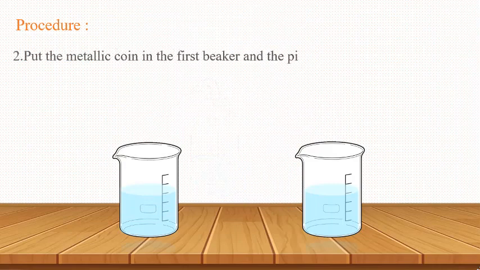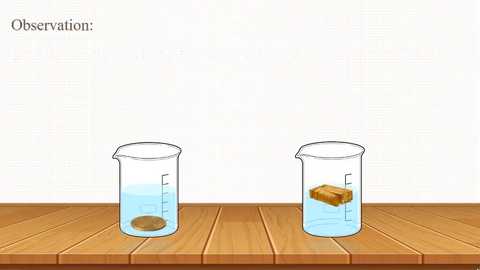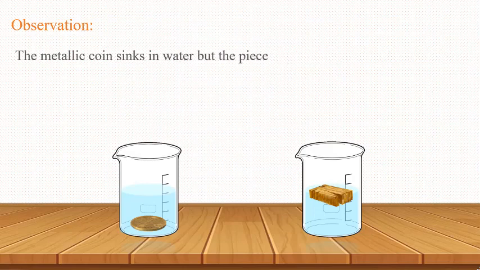Then put the metallic coin in the first beaker and the piece of wood in the second one. What do you observe? The metallic coin sinks in water, but the piece of wood floats.